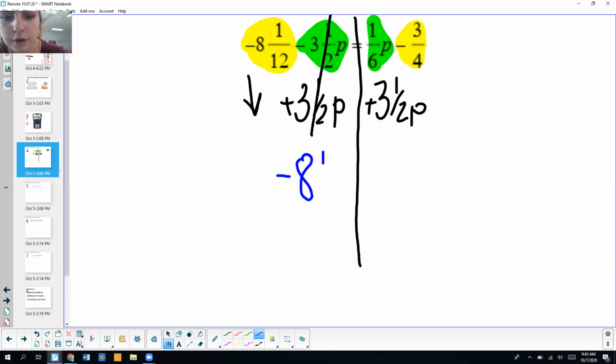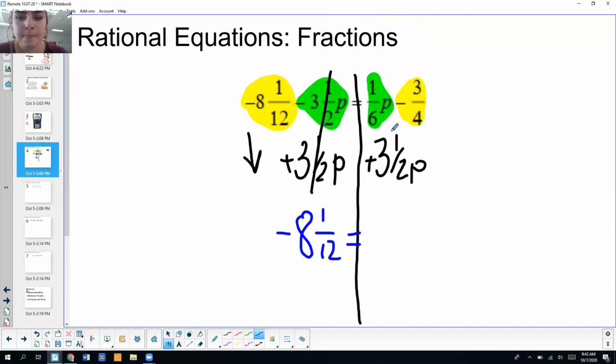-8 1/12 equals, and then I've got to combine these fractions. I want you all to pick up your calculators. Type in 1, ABC, 6. So we're adding 1/6 to 3.5. It should look like that in your calculator right now, plus 3 ABC 1 ABC 2.